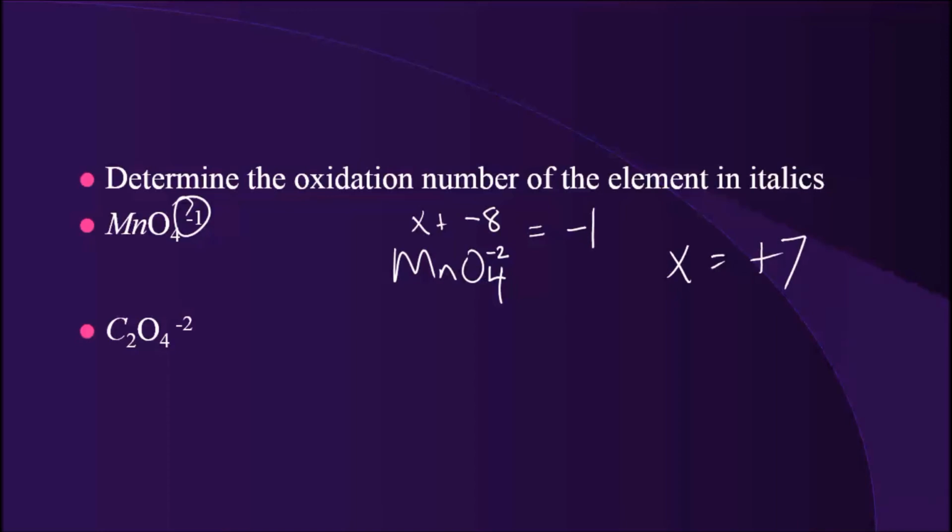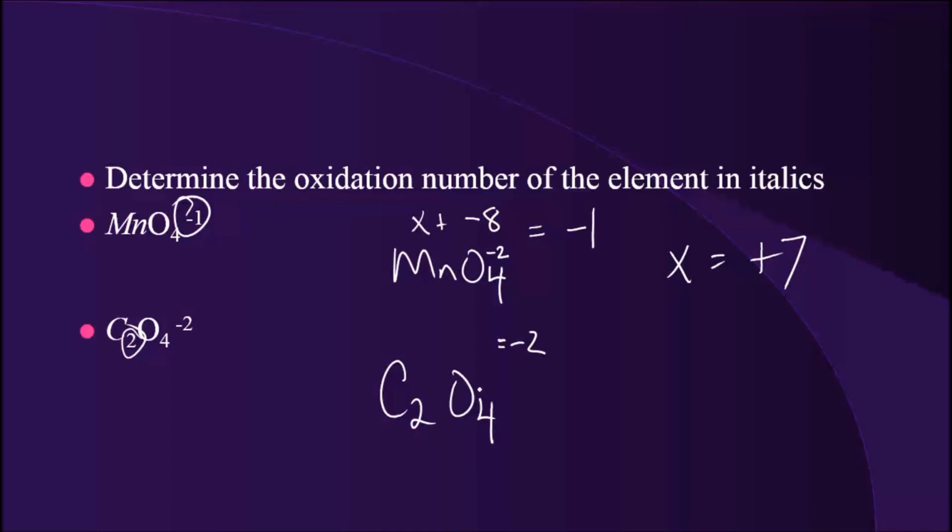Now, this one's a little harder. What makes it a little harder? You got a 2 there. The whole thing has to equal -2. So, carbon, what's the charge on carbon? I don't know. Carbon can be whatever it needs to be.